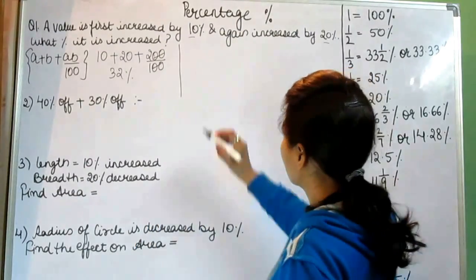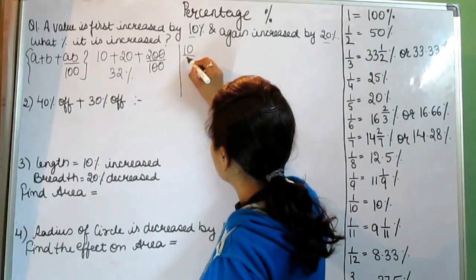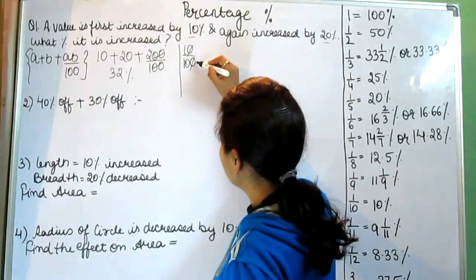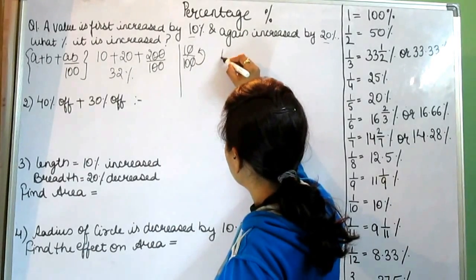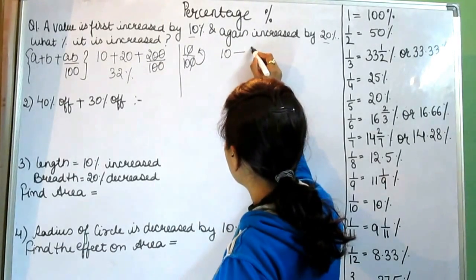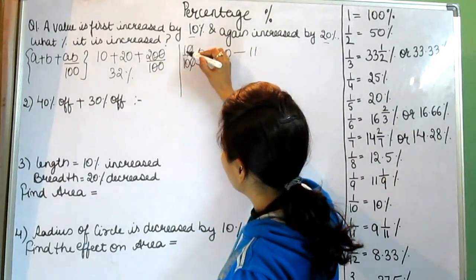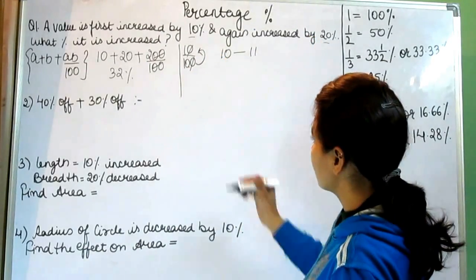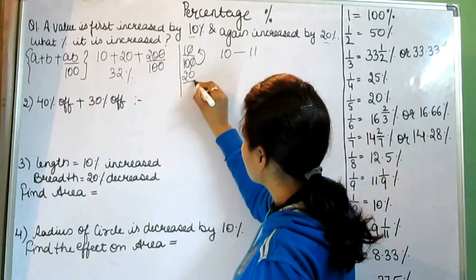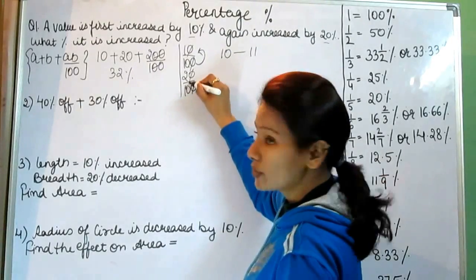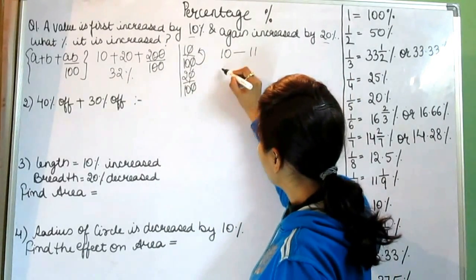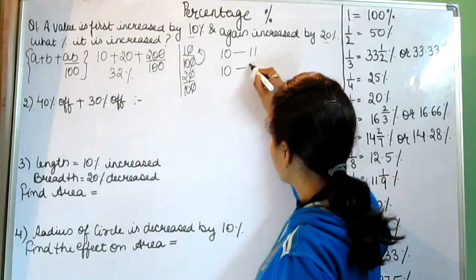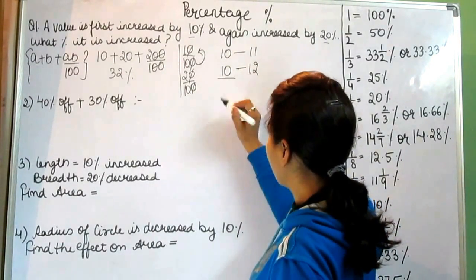In the next method, this is 10%. Zero cancels. Now it is increased by 1. This 1 we add to this 10. And again it is increased by 20%. 20% means zero cancels, add this 2 to 10, and I got 12.